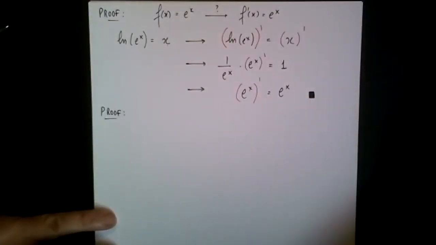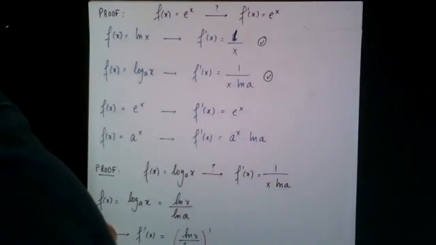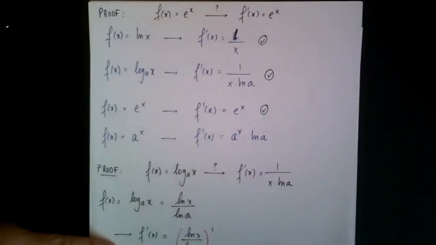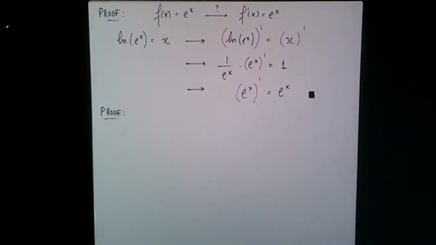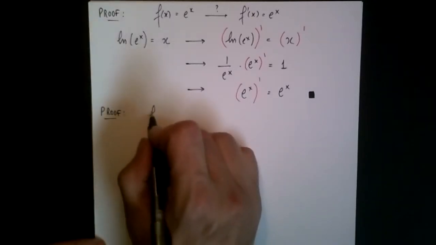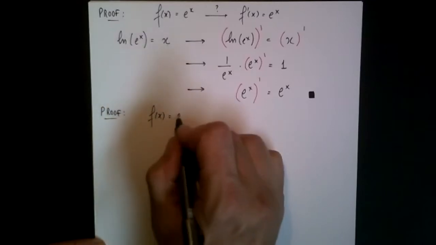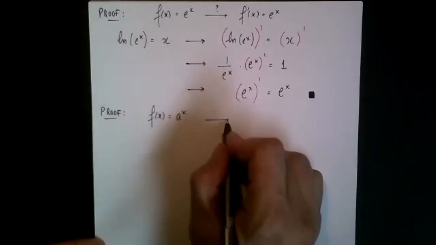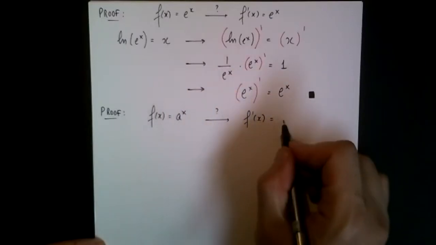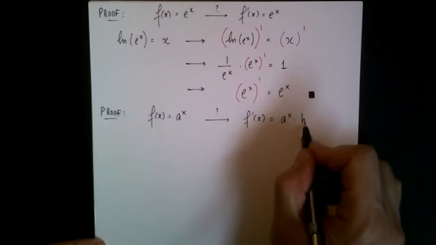So let's go back to my paper here, and I like to put check marks everywhere, so this is proven, done. Okay, so now I want to prove that if f of x is equal to a power x, then the derivative will be a to the x times ln of a.